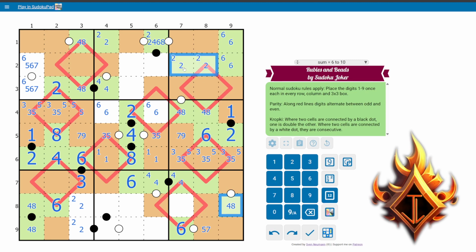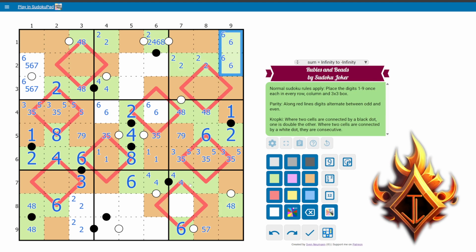And then this one will go here. And then the other 4, 8 will go there. This can still be 2, 4, or 8. We do have that one becoming odd.